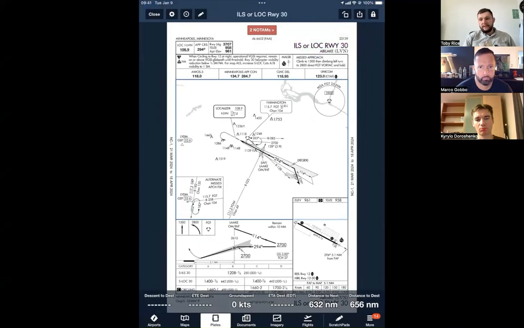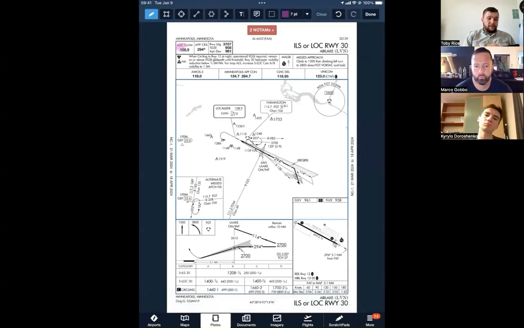So the way we do this is very simple. On an ILS versus a localizer, there are certain things that distinguish one from the other. For example, an ILS approach must have a localizer. Cool, we got that, right? It must have a glide slope. Cool, we got that.